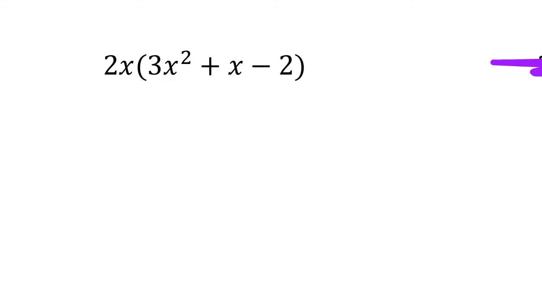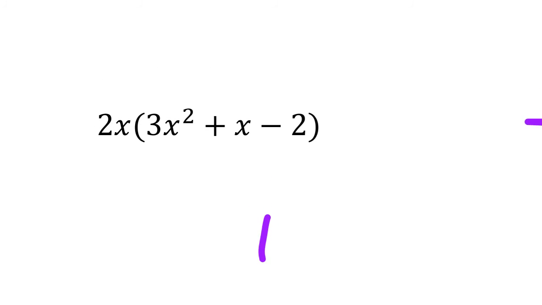All right, and righties, go ahead and share with your partner. What did you get? 6x to the third, plus 2x squared, plus negative 4x.